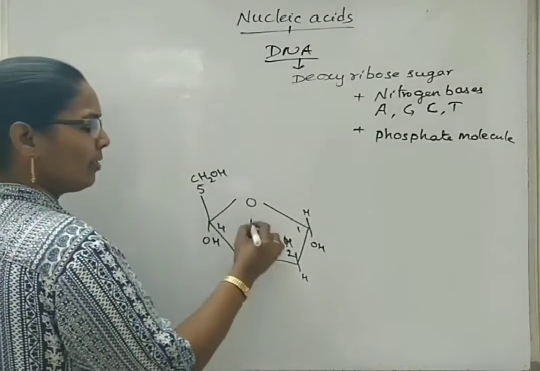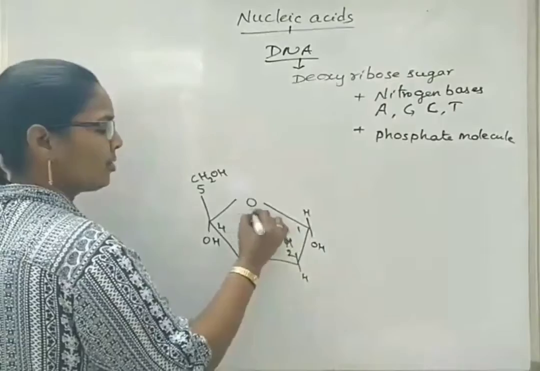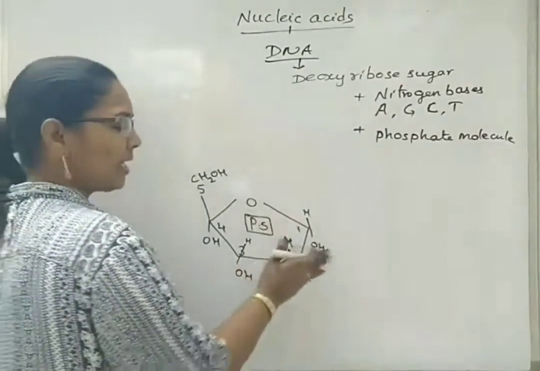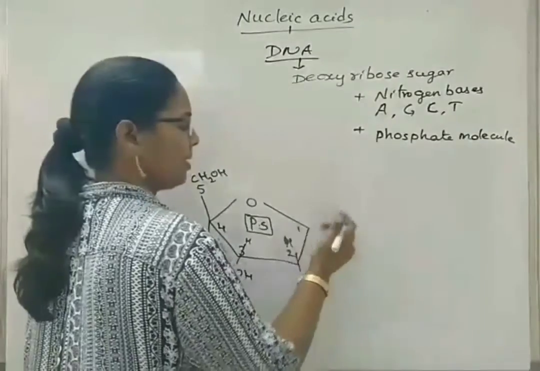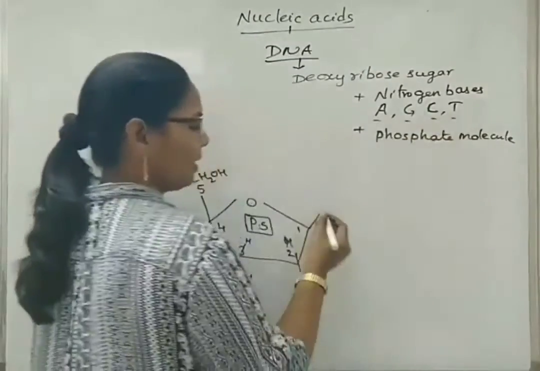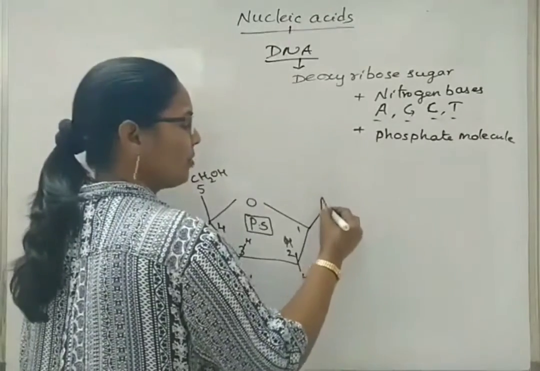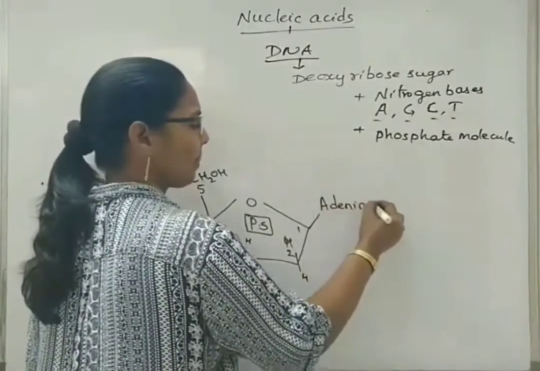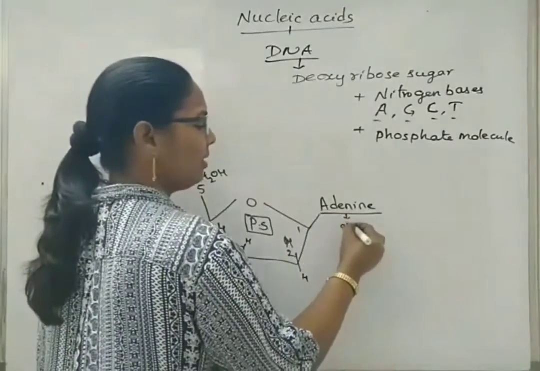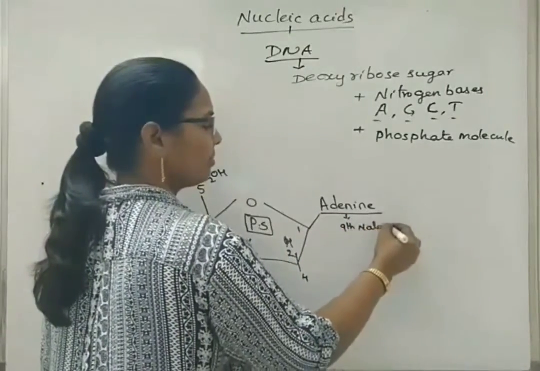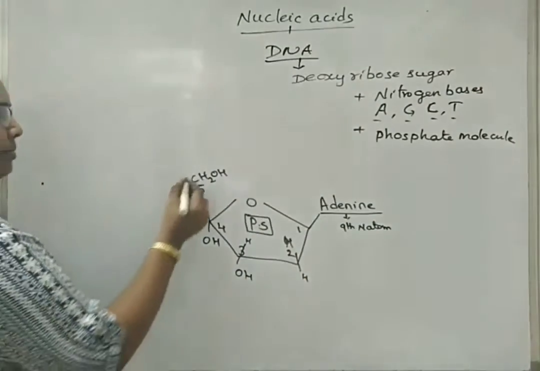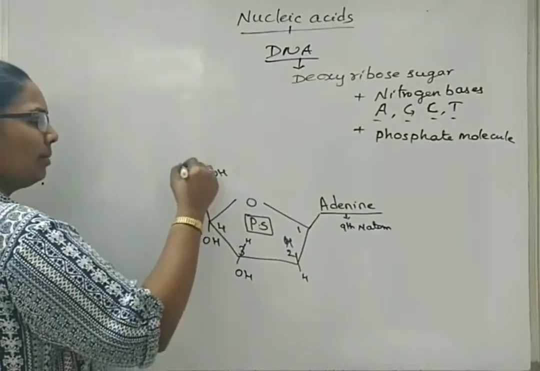So the pentose sugar we have represented. I am writing pentose sugar as PS. I told you at carbon 1 position it is attached with a nitrogen base. For suppose it can be either adenine or guanine or cytosine or thymine. So for suppose we will take adenine. It is attached from its 9th nitrogen atom to the 1st carbon position of the pentose sugar.